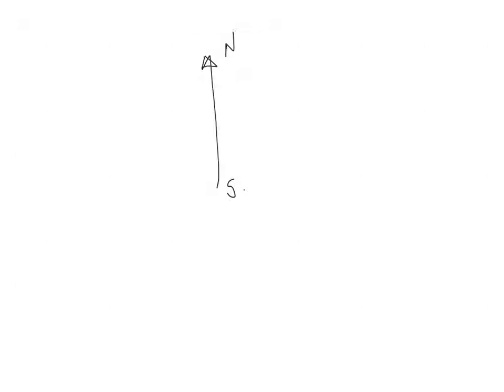For instance, let's say we have north 23 degrees west. The first letter N represents the initial direction, so we are going north. Then it's 23 degrees going toward west. We know that west is to the left, so this means go 23 degrees to the west. So this is the angle, north 23 degrees west.